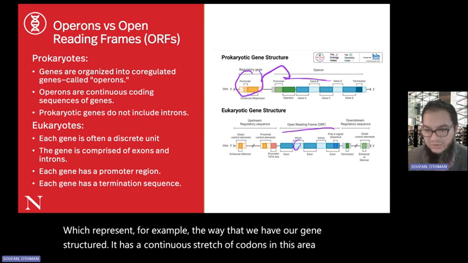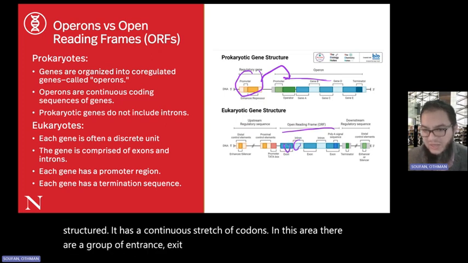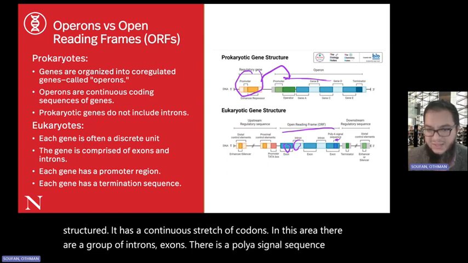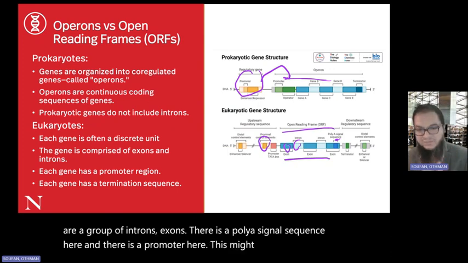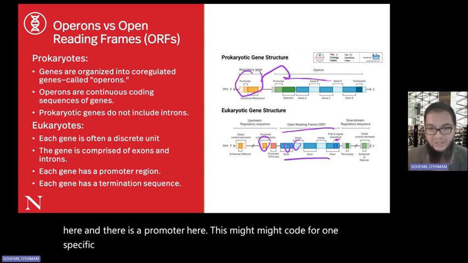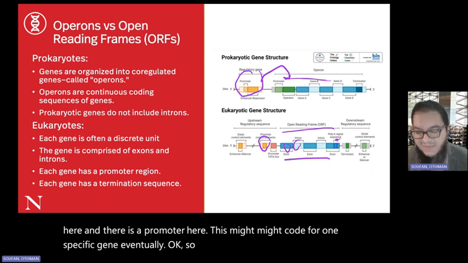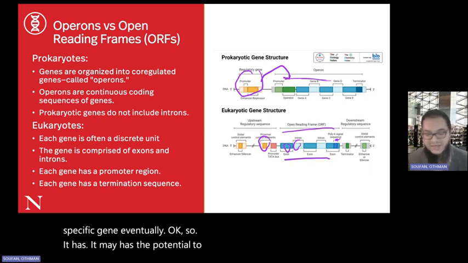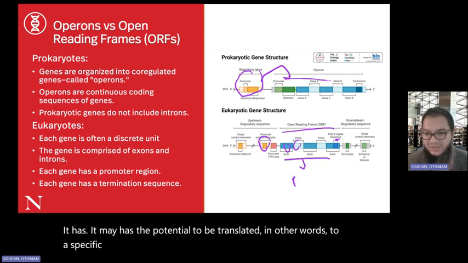There is a group of introns and exons. There's a poly-A signal sequence here, and there's a promoter here. This might code for one specific gene eventually, so it has the potential to be translated into one specific protein.